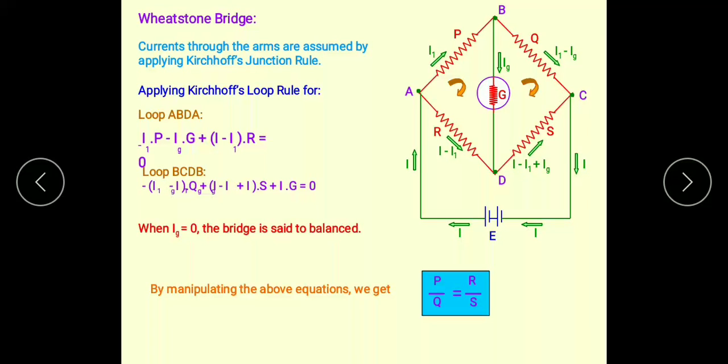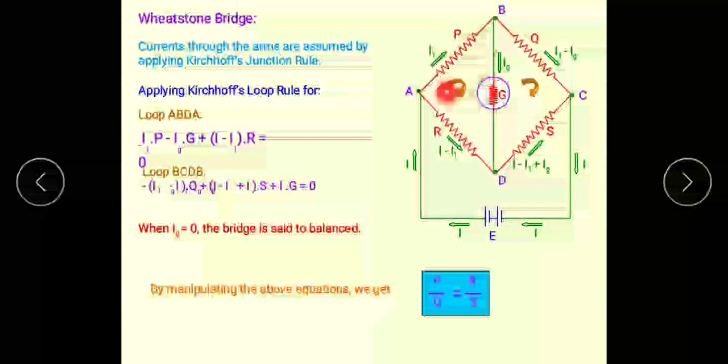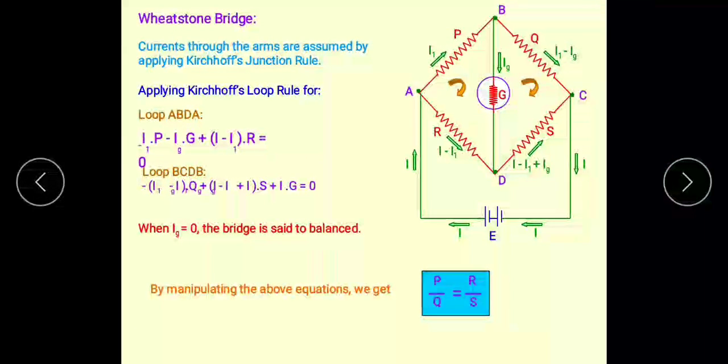Now we are calculating the potential difference in this loop, as we have studied in the second law of Kirchhoff.